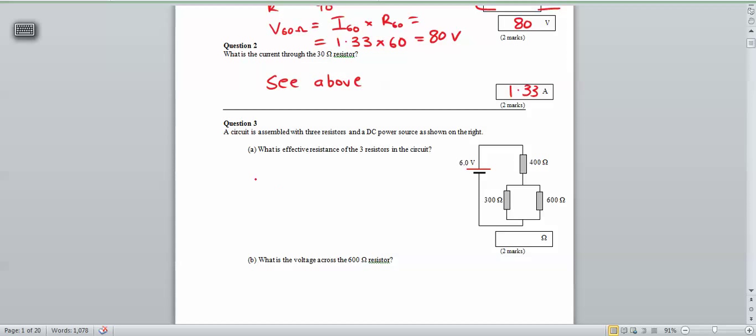So the effective resistance is equal to the 400 ohms, plus, in parallel, 1 over 300 plus 1 over 600 to the power of -1. Let's do that in the calculator. 1 over 300 plus 1 over 600 is going to be 200, so that's 400 plus 200, which is 600 ohms.